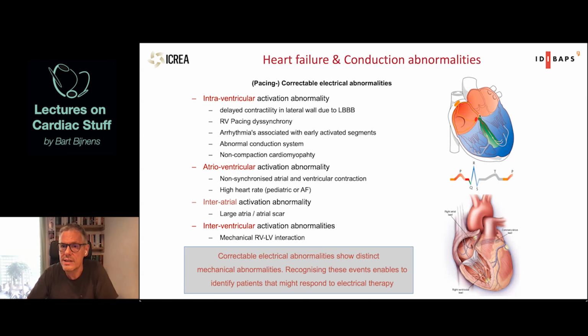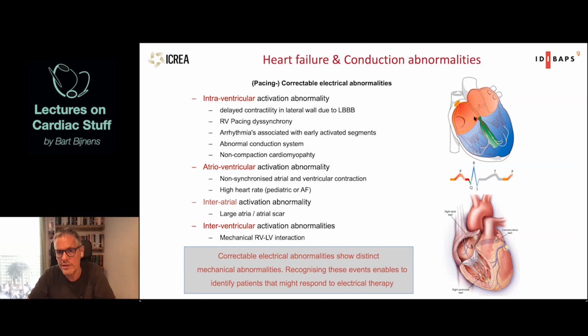As I mentioned before, the valve plane separating the atria from the ventricles is an insulating layer. It is a fibrous layer where in principle there's no conduction of electricity. The only connection between the atria and the ventricles is the AV node, the atrioventricular node, which acts as a delay line.